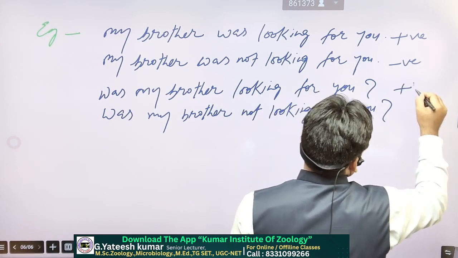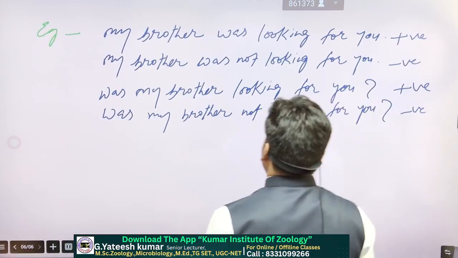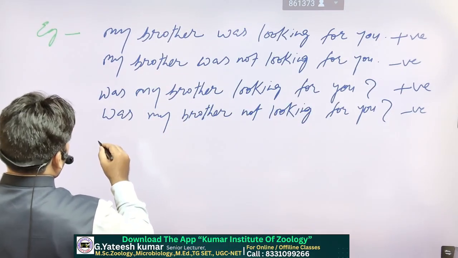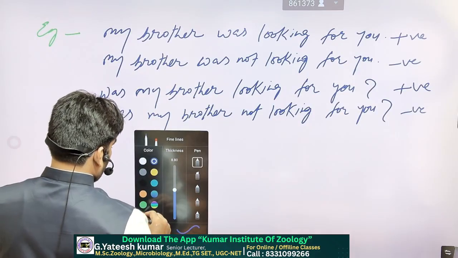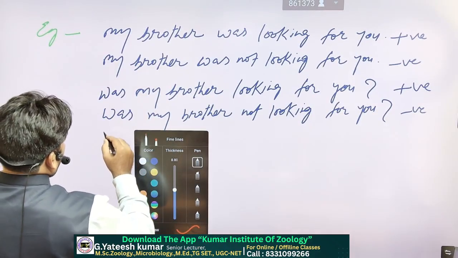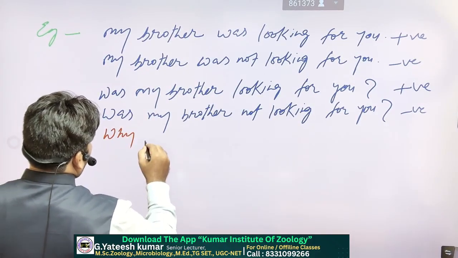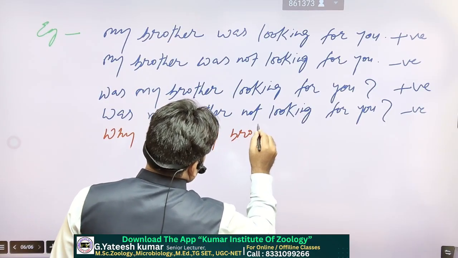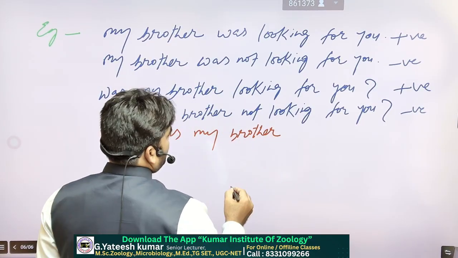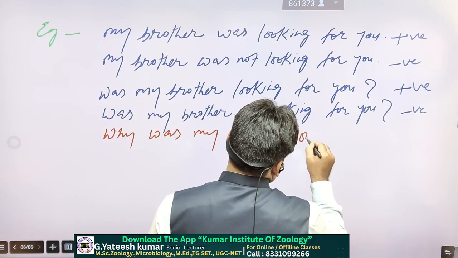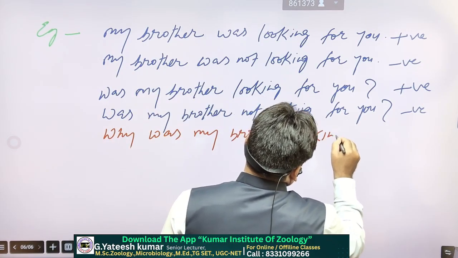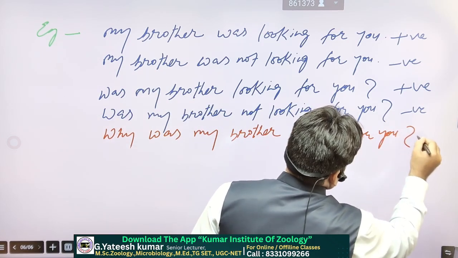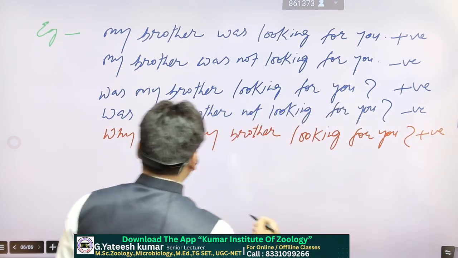So this is yes no type questions positive and yes no type questions negative. Next we have WH questions. Why was my brother looking for you? This is WH questions positive.